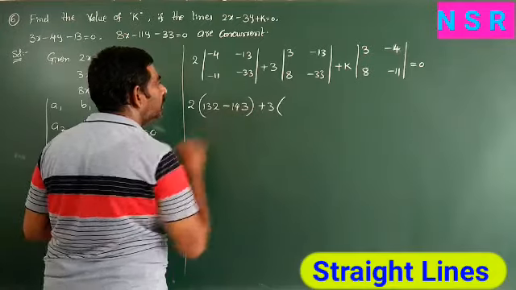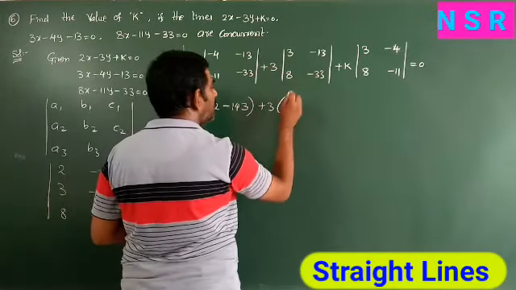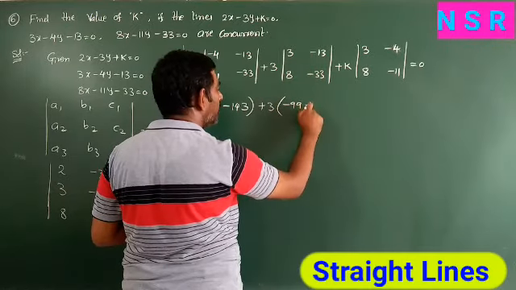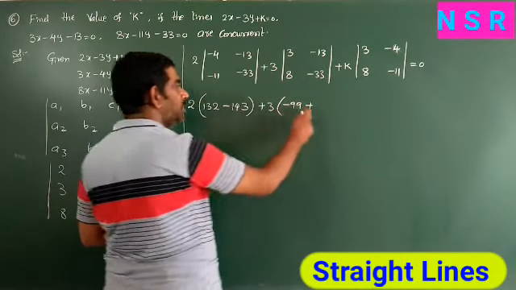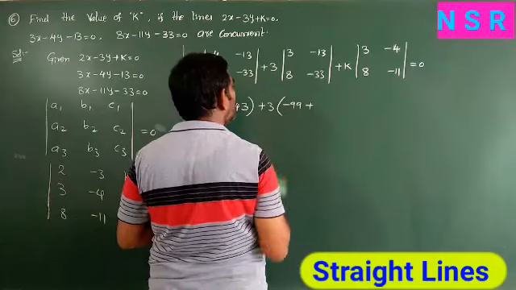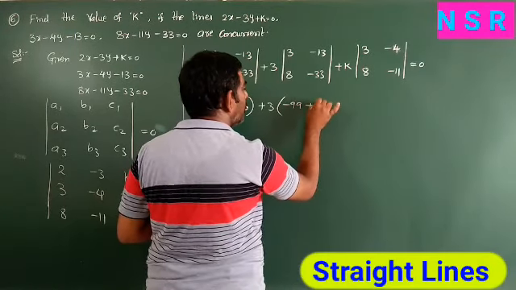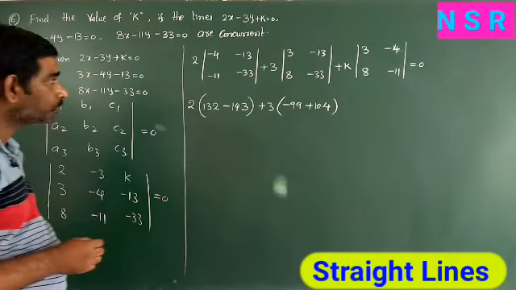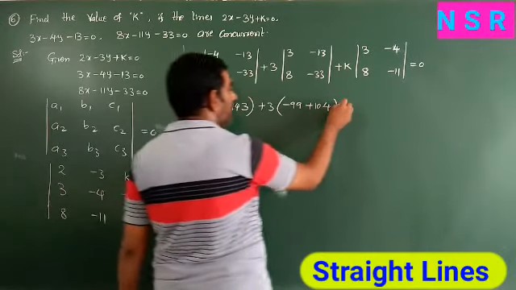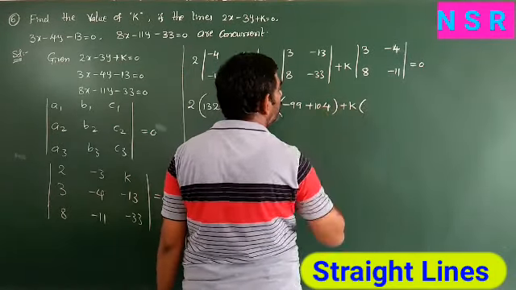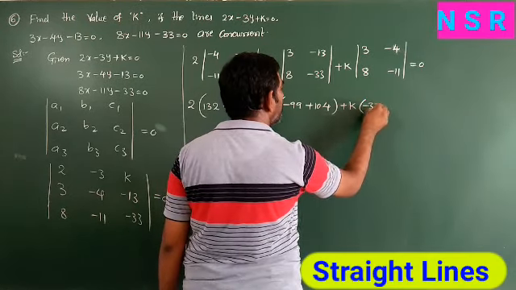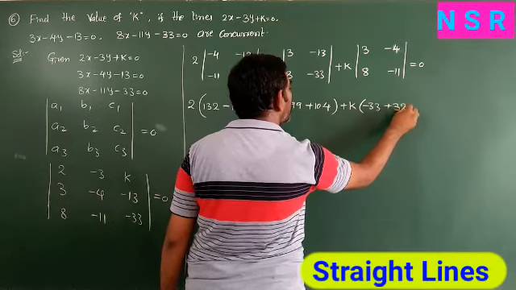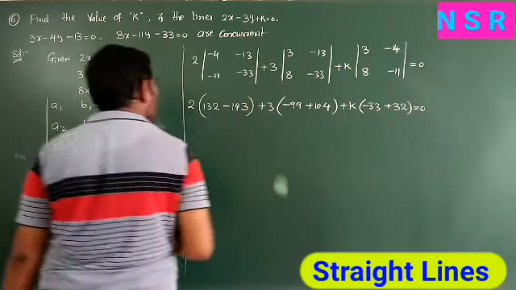Next, plus 3 into AD minus BC: 3 into 33 minus 99, plus minus, again the formula also has minus, so minus into minus is plus, 13 into 8, 104. Next, plus k into 11 into 3 minus 33, so minus into minus is plus, 8 4s are 32, is equal to 0.